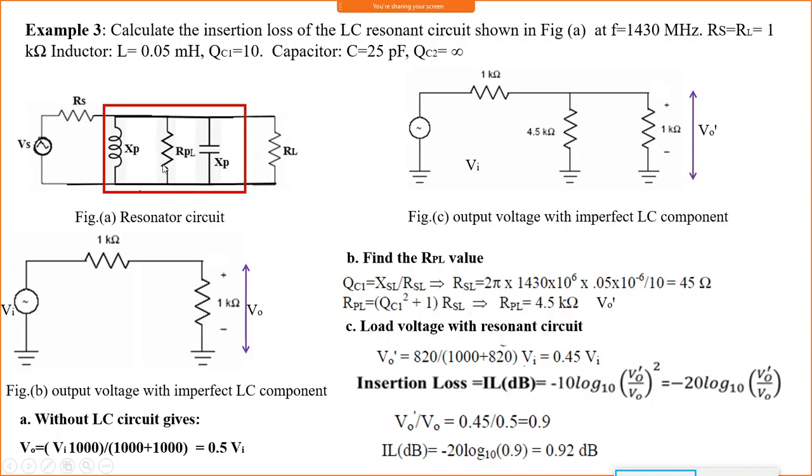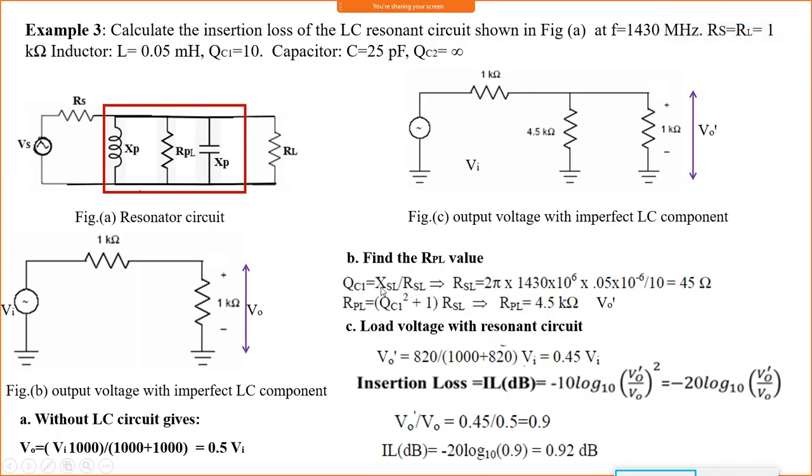So how to get this RPL? I already told you in the previous class. If you know the quality factor of this inductor, the inductor value and the operating frequency, you can get the value of RS. That is the component quality factor. Component quality factor is given by XS divided by RS. We know the value of QC, and we also know XS.